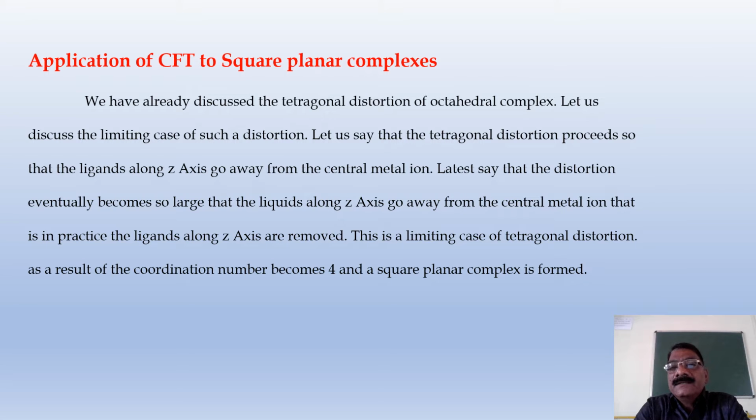Let us say that the distortion eventually becomes so large that, in practice, the ligands along the z-axis are removed. This is a limiting case of tetragonal distortion. As a result, the coordination number becomes 4 and a square planar complex is formed.